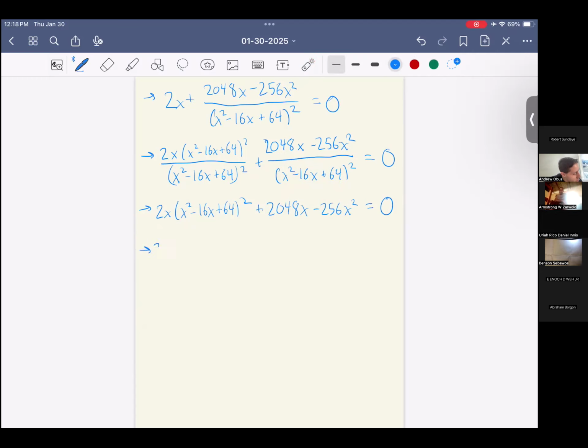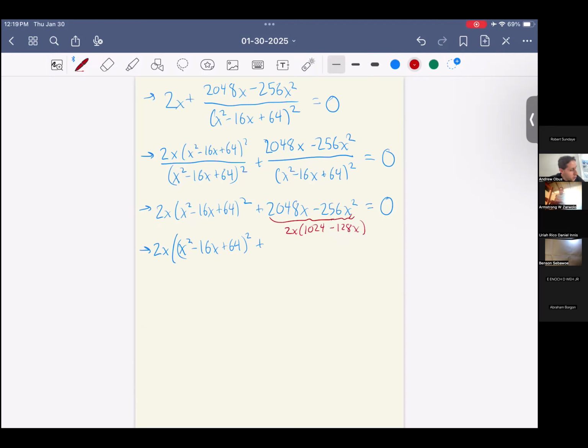So this is going to be 2x times x squared minus 16x plus 64 squared. And then plus, what happens if we pull a factor of 2x out here? This over here, you could write it as 2x times 1024 minus 128x.